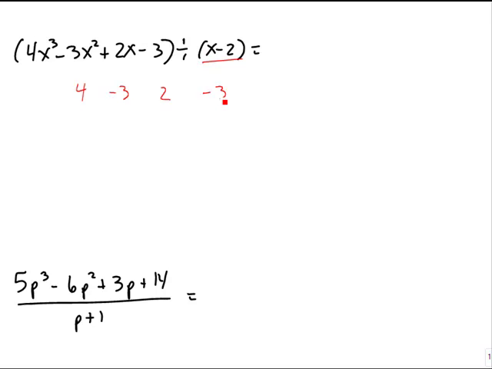Now, just as with long division, you want to make sure that every single term has been accounted for. We've got our x cubed term, x squared term, x to the first term, and constant term. If any of these terms had been missing, you would want to use a 0 in its place for the coefficient that you list up above.